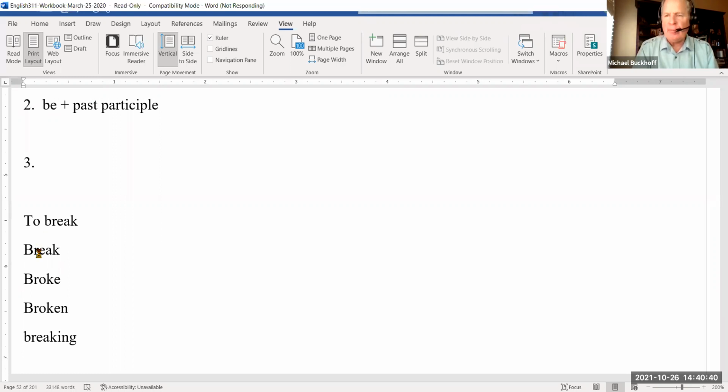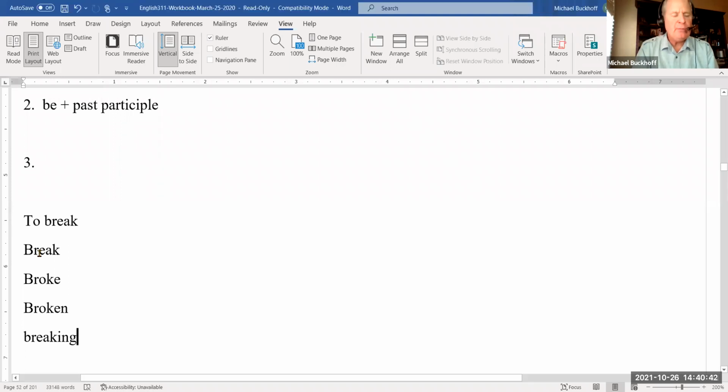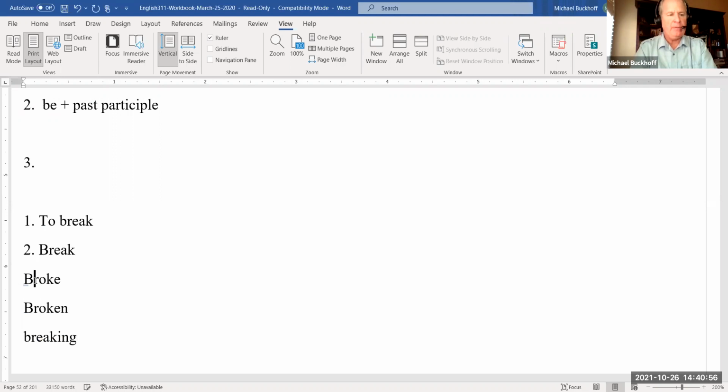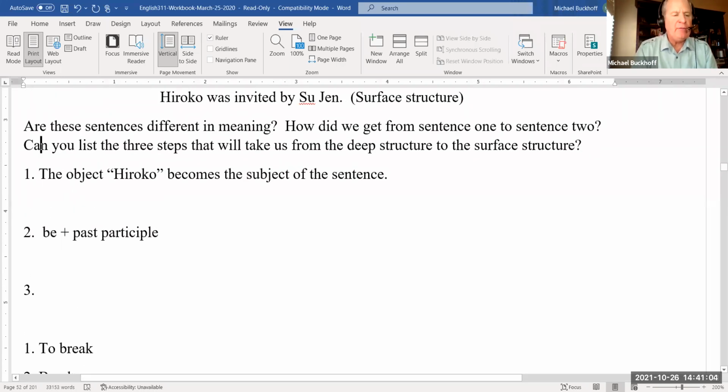We have the base form of the verb, which is break. We have the simple past broke, the past participle broken, and then we have breaking, which is the present participle form of it. So we can say that verbs generally have 5 forms. And we can see that with this. Now, if we go back to the one up here, we can see invited, right?